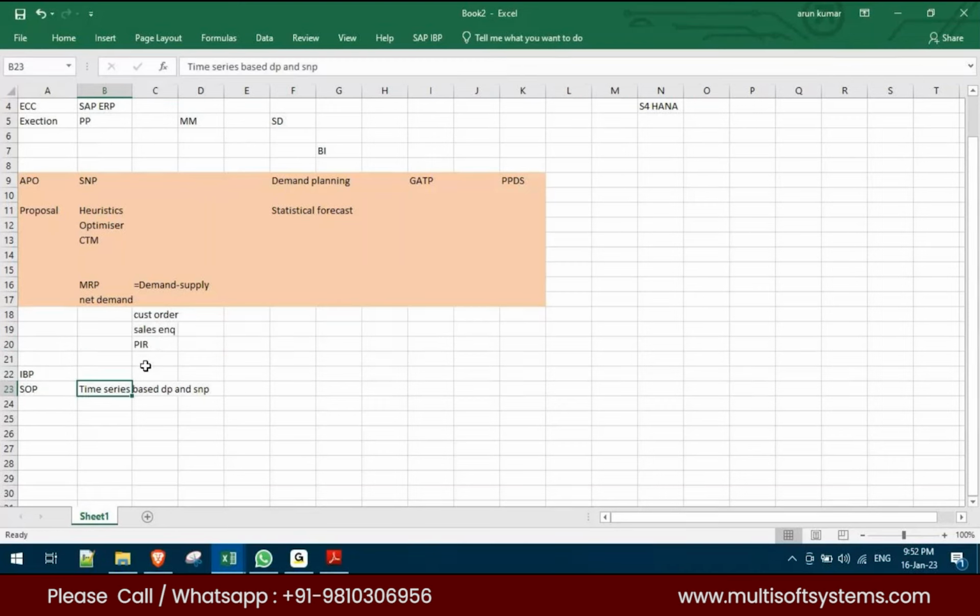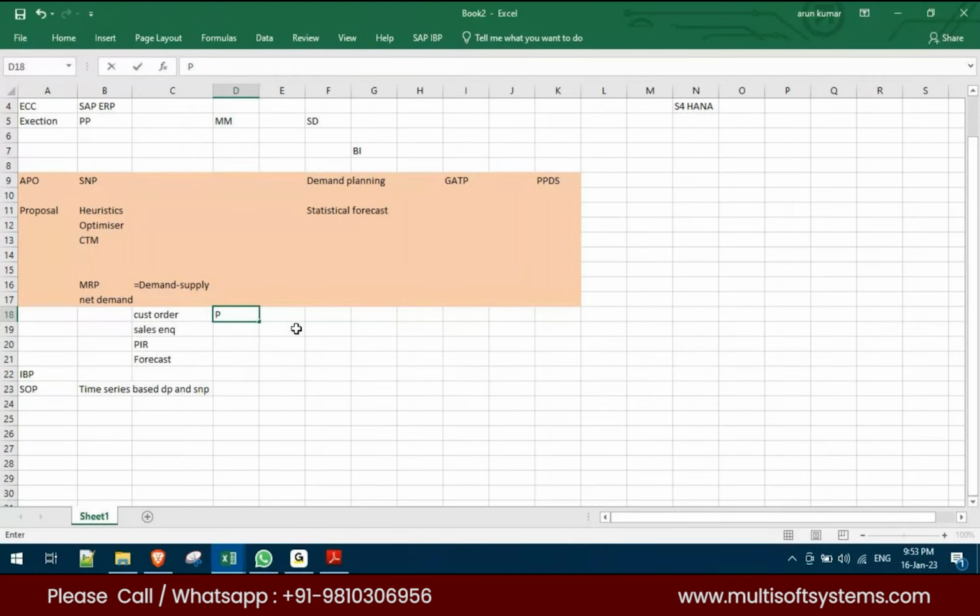Forecast is based on your old sales history, where you are predicting how much your demand might be in future weeks or months. These can be our demand, and your supply items are your production order, stock transfer order, ASNs, or purchase orders. These are your receipt elements, which are going to increase your stock. I will also add stock over here.